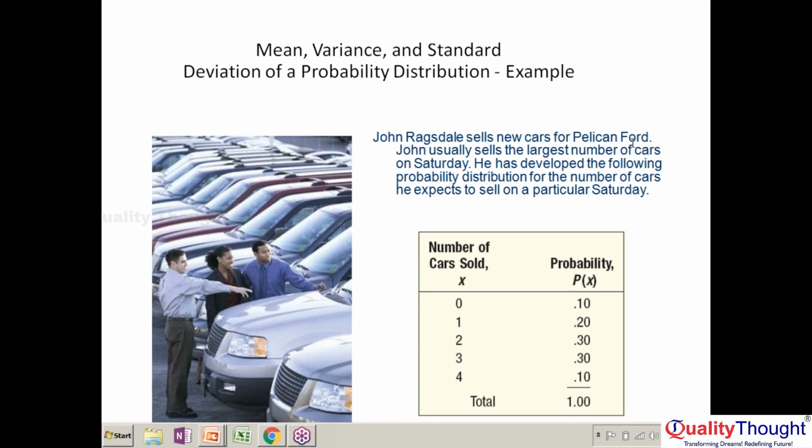Now I want the variance. Do it fast. We know the formula of variance: sum of x minus mu whole square into p of x. We have the x values, we know the mean, and we know the p of x.